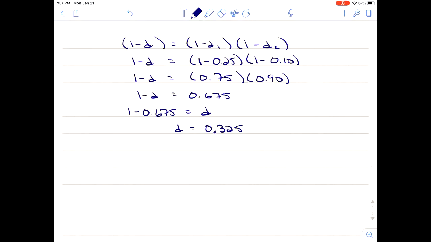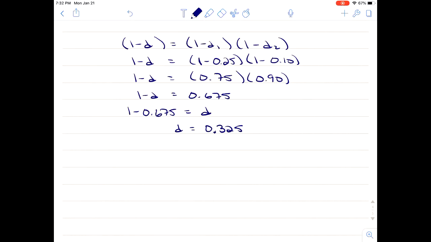So I use that a lot too. For example, when I had 0.675 on here, I can go 1 minus that answer to get 0.325. Just little tips and tricks you'll learn along the way.